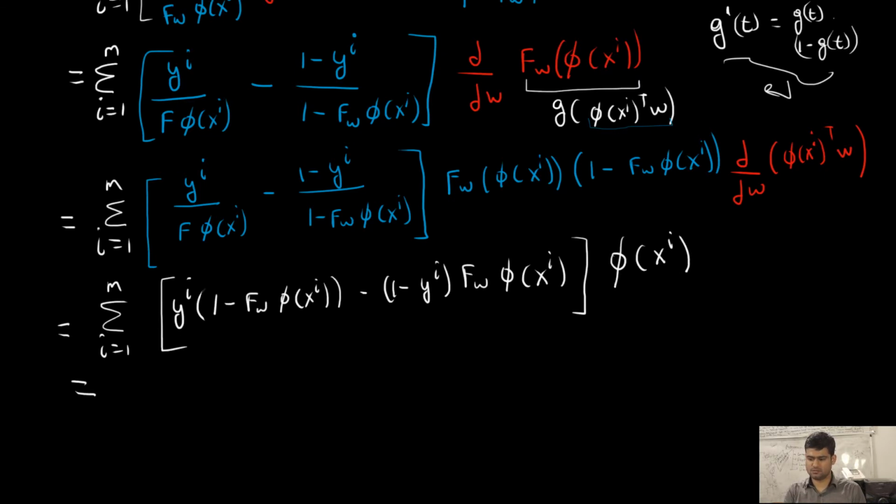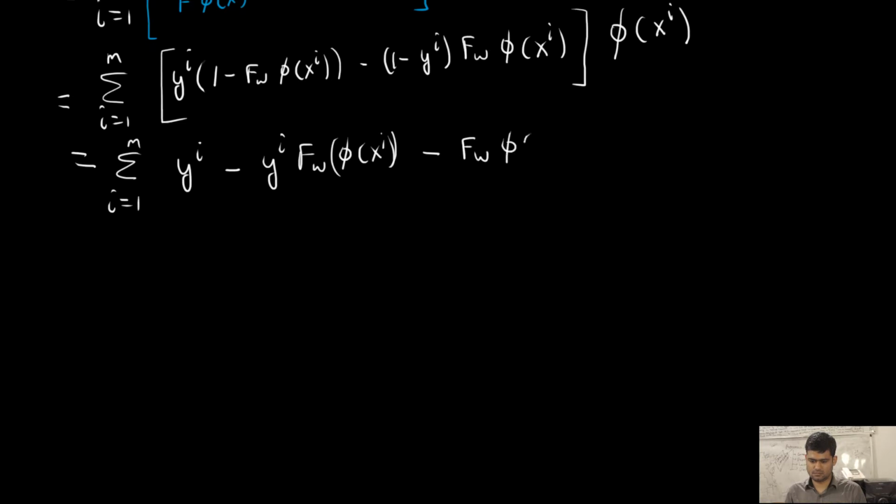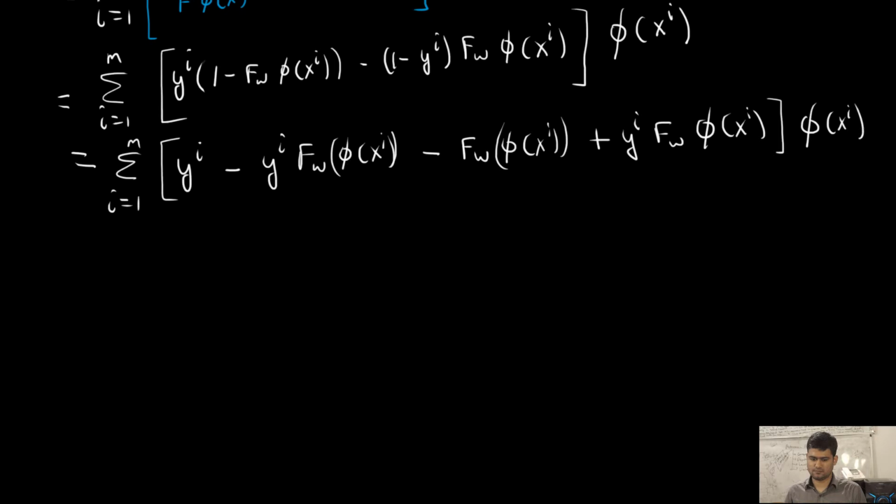So this simply becomes y_i minus y_i times f of phi of x_i, minus f of phi of x_i plus y_i times f of phi of x_i, multiplied by phi of x_i.